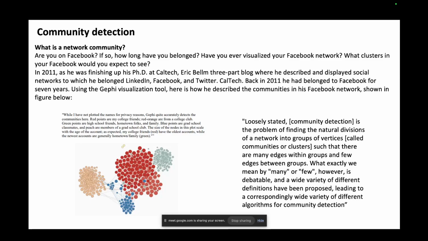Mathematically, this becomes much more complex: how will you define the optimal number of connections within a community to say that it's a community, and exactly how many edges should be present inside a particular community compared to between communities?